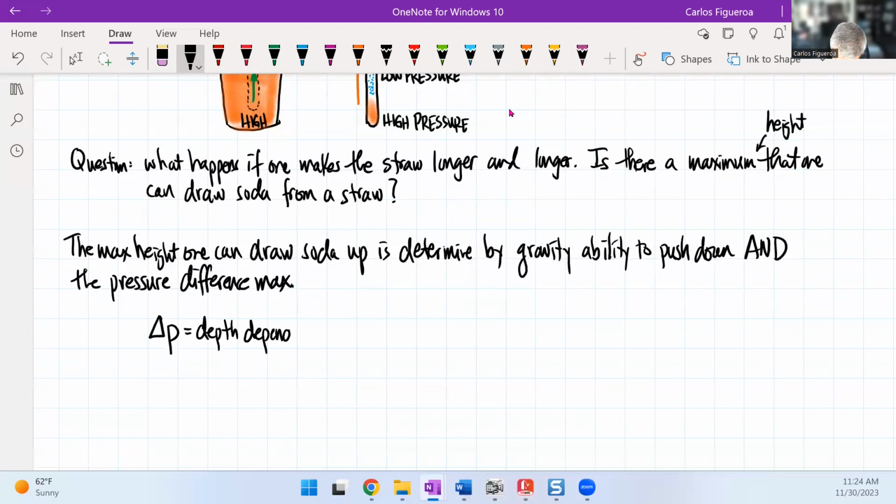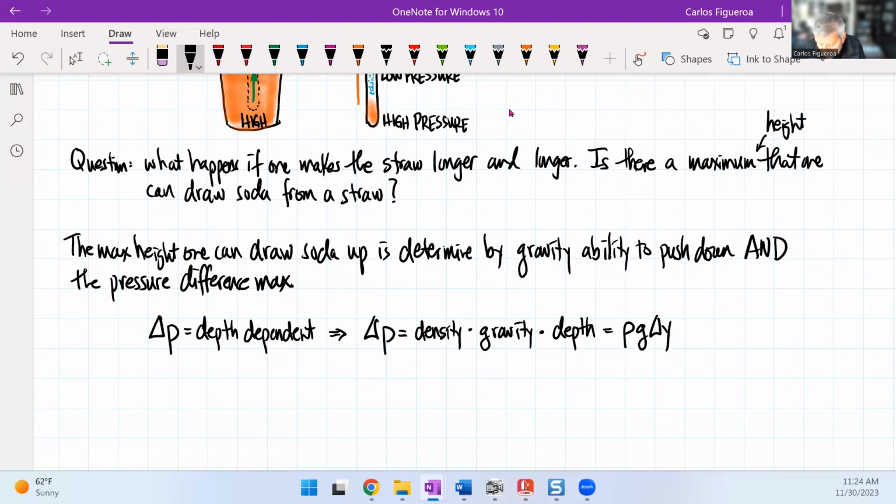And it turns out that the change in pressure is equal to the density times gravity times the depth. A lot of times people write this as the density rho, gravity, and then the height change. And it turns out you can only get the max with this height change. So it depends on the pressure difference.